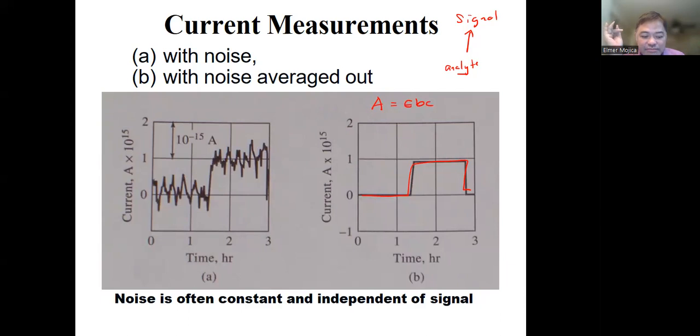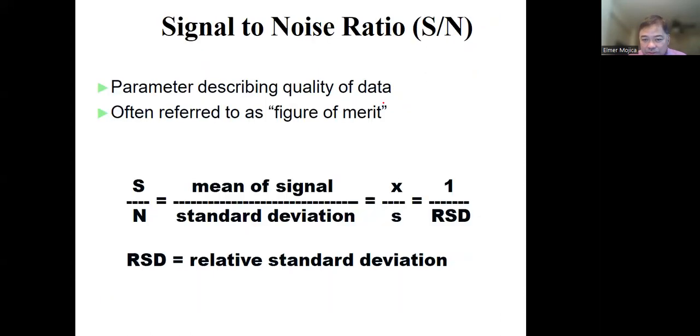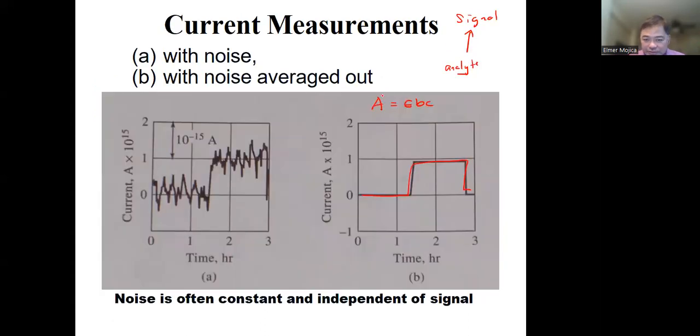Anong tawag dyan? I think you have this in 32. Okay, that's the Beer-Lambert law or the Beer's law. And as you could see here, the absorbance is proportional to the concentration. This is specific to a certain wavelength, what we call chemical.